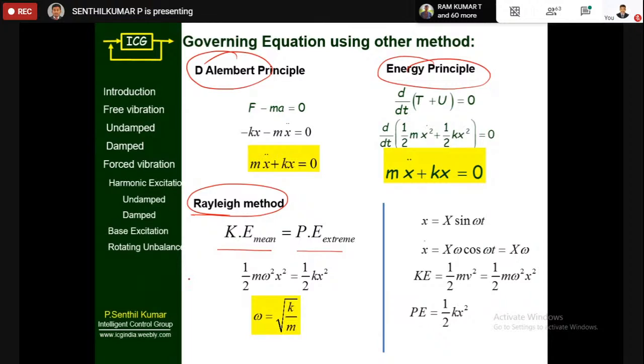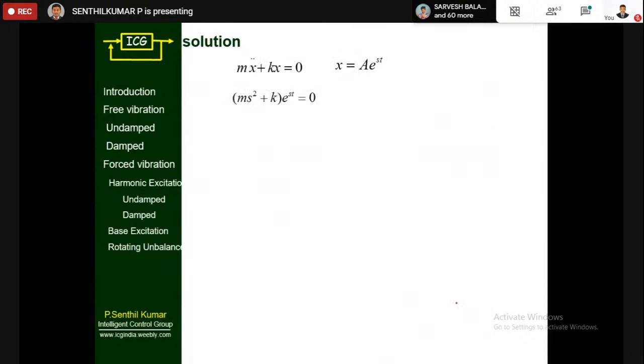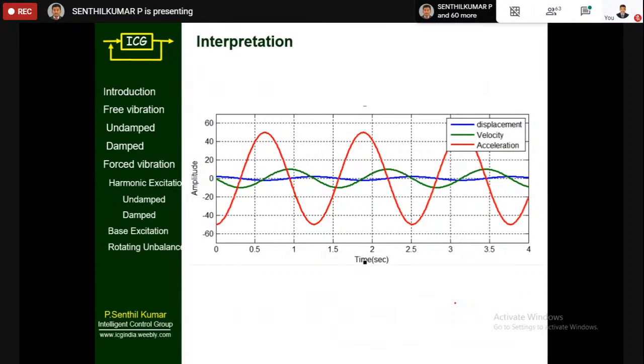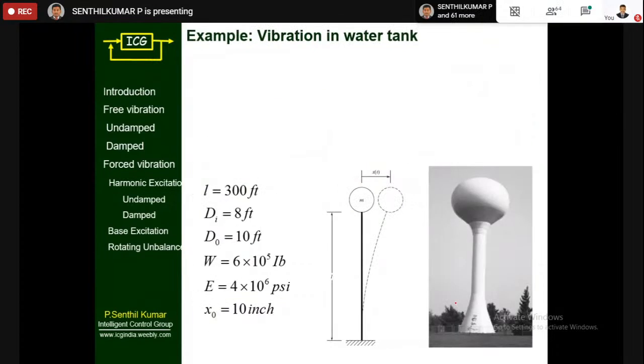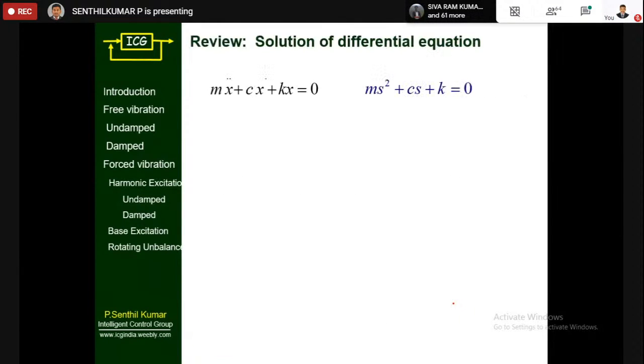Whatever the principle, the final answer is omega equals square root of k by m. Then what is potential energy? Half k x squared. Sometimes they will ask you to find the potential energy. The formula is half into k into x squared. K and x they will give you, so you have to find the potential energy. These are very basics. I don't think you will get problems from this area.